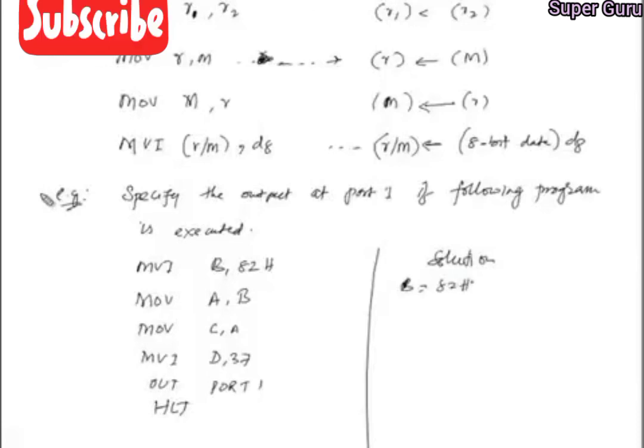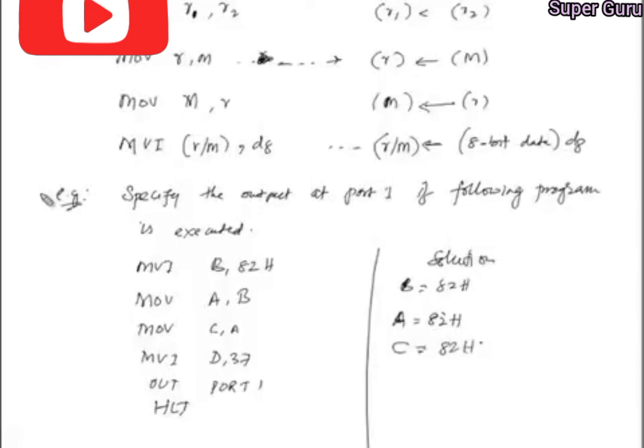Then MOV A, B: whatever B is having will be moved to register A, so A is equal to 82H. Then MOV C, A: whatever register A is having will be moved to C, so C is equal to 82H.